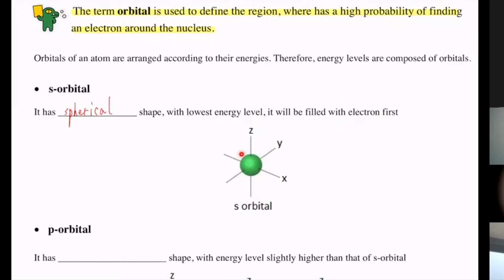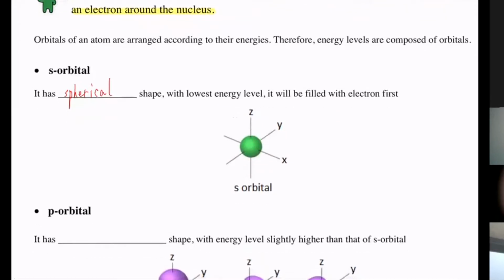For each orbital, it can accommodate 2 electrons. So if we have 3 electrons, we must put 2 in the s orbital first, and then we could start to fill in the p orbital, with the next energy level. So that's the first orbital, the s orbital, with a spherical shape.